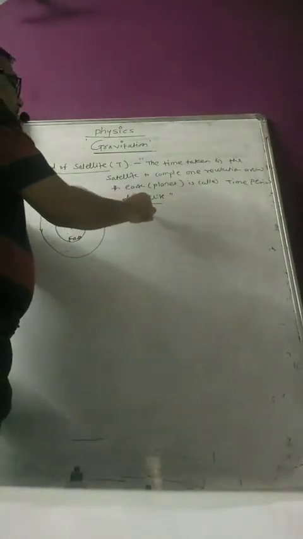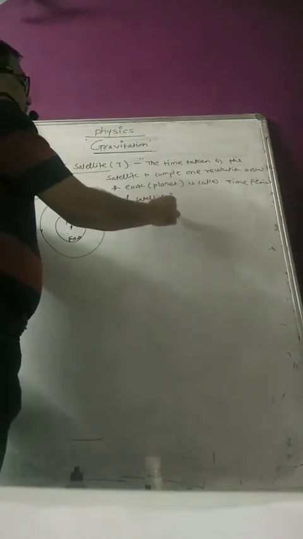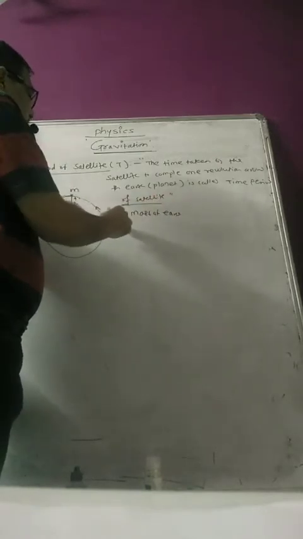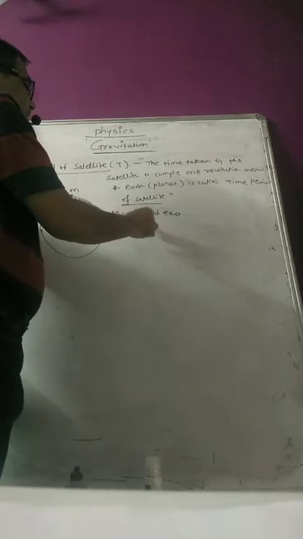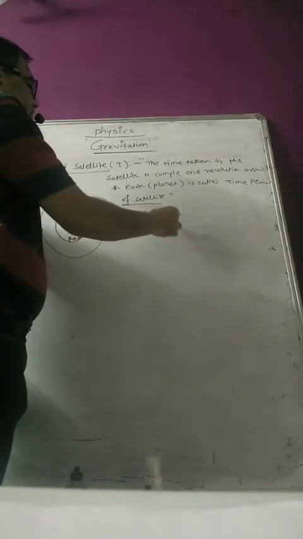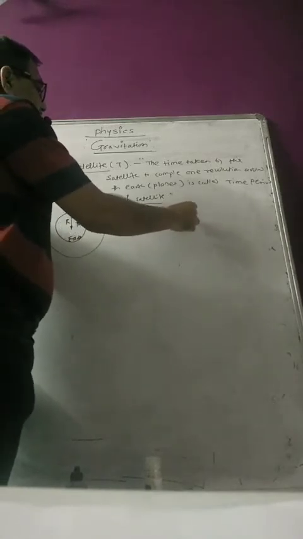Now how can we find the time period of the satellite? Here M is the mass of the earth, and small m is the mass of the satellite.